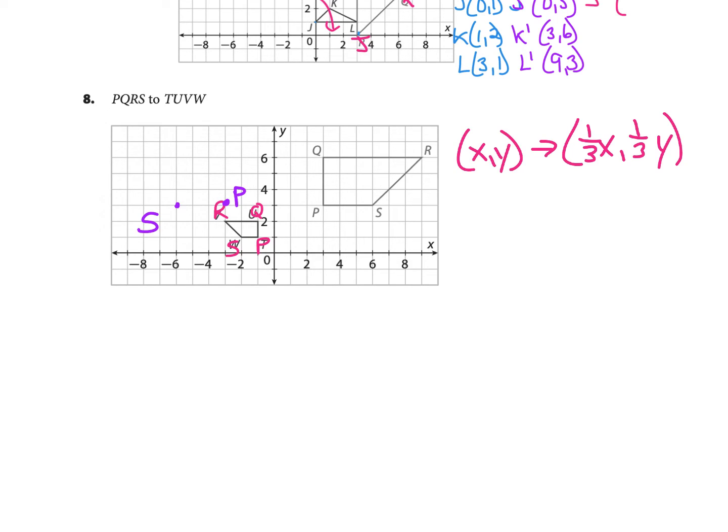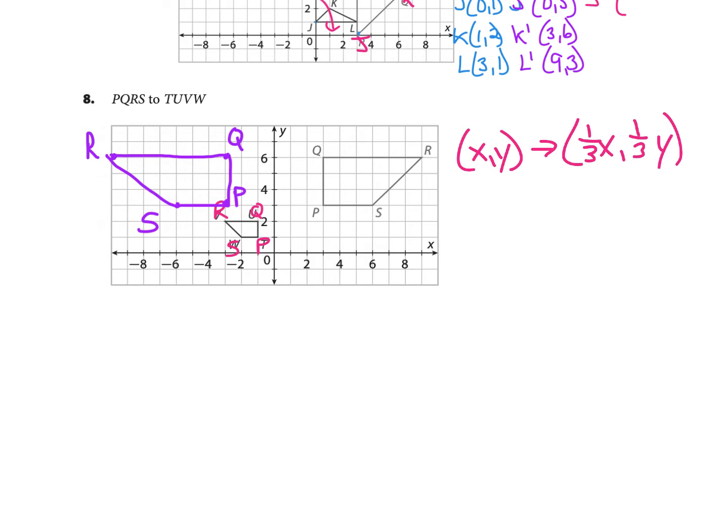Q goes here, and R goes out here. Okay, now do you see it's oriented right? The R is up in the left corner, the Q's up in the right corner.